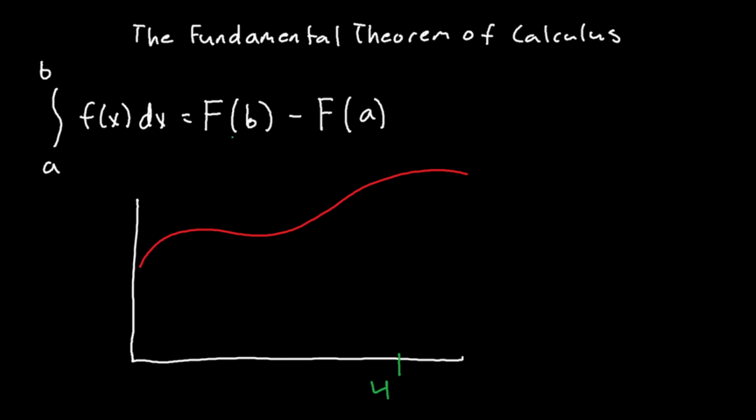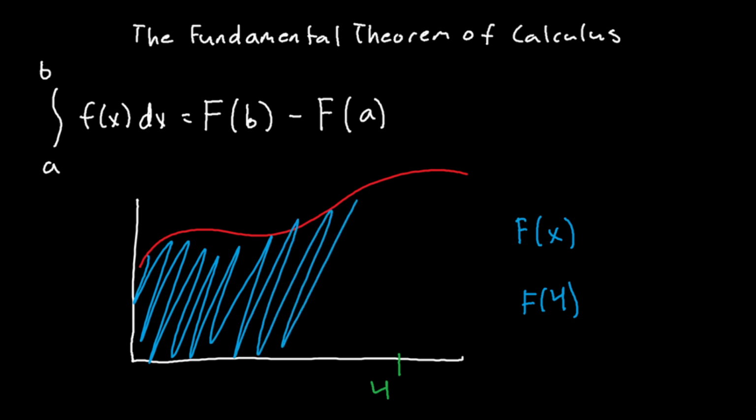So if you found the antiderivative, let's say capital F of x, and you plugged in 4, F of 4, then the result of your antiderivative, so the area you would get, is this blue area from 0 to 4. So if you plug in 4 into your antiderivative, you would get the area from 0 to 4.